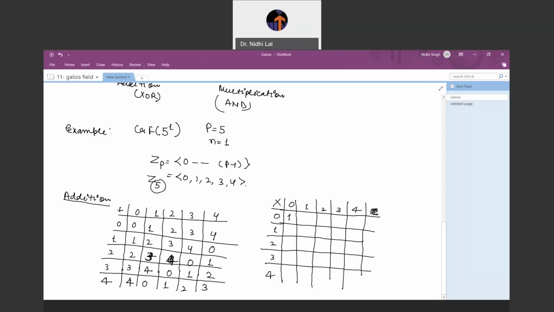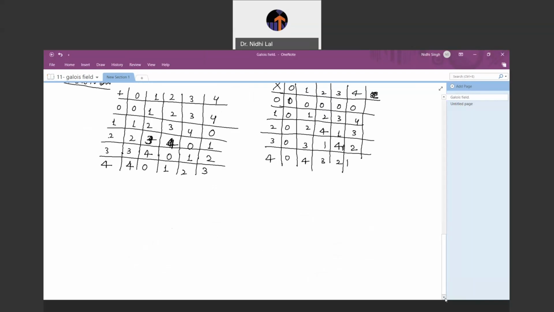I was writing the values directly because you know how to perform the multiplication operation followed by the mod operation. So 1, 2, 3, 4. And 0, 3, 1, 4, 2. And 0, 4, 3, 2, and 1. So now the table is completed.